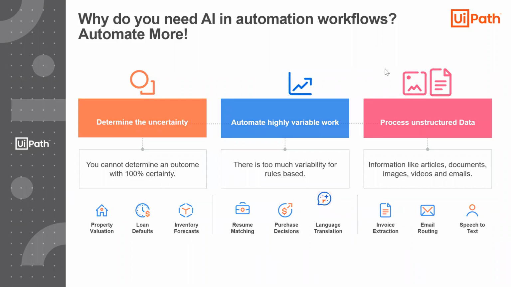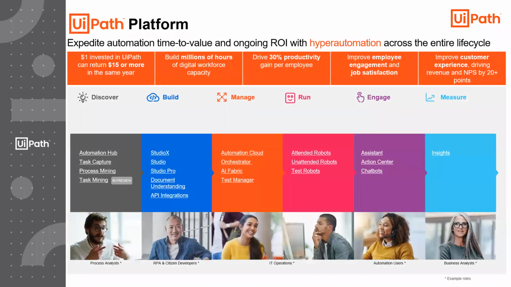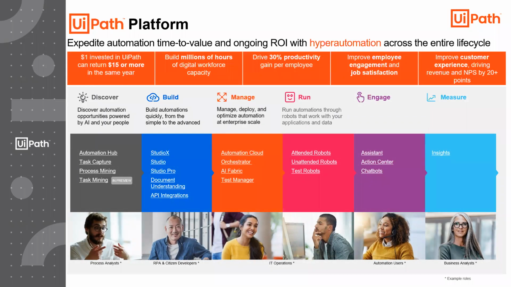Okay. So now we've explained why we do AI, and as I said first, our goal is to be in an automation context. So I want to show you where AI Fabric is in the UiPath platform. So this is one piece of the hyper automation platform that we're building at UiPath. So you know many of them already. Maybe some of you will know even better than me some of our products.